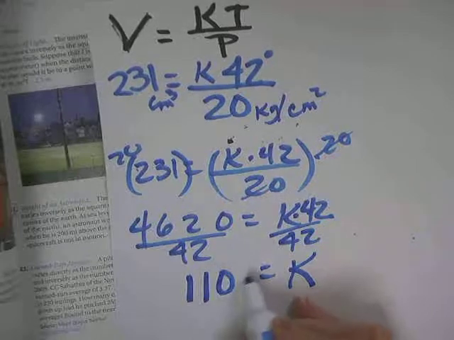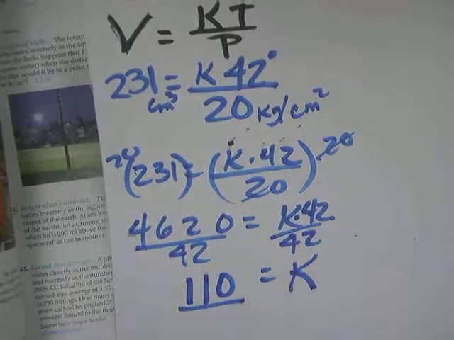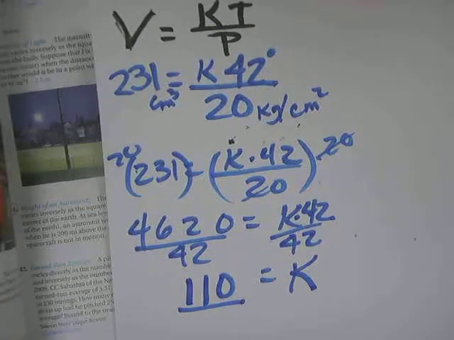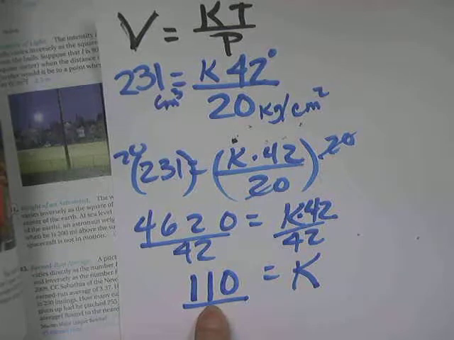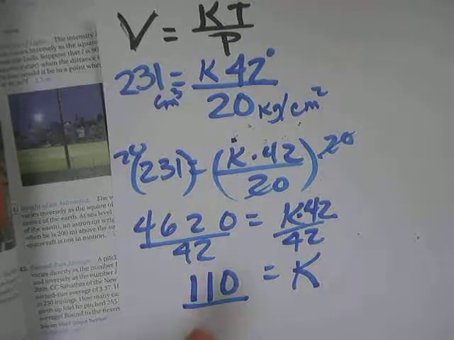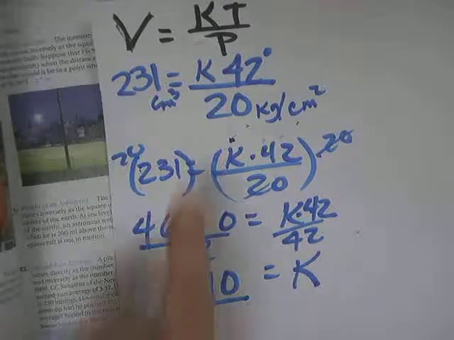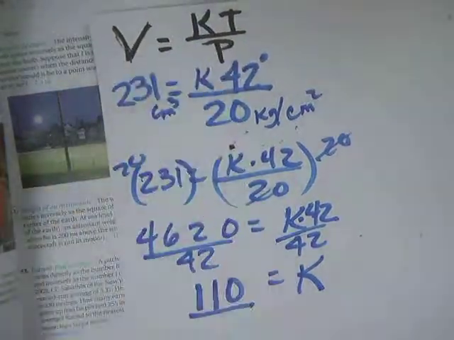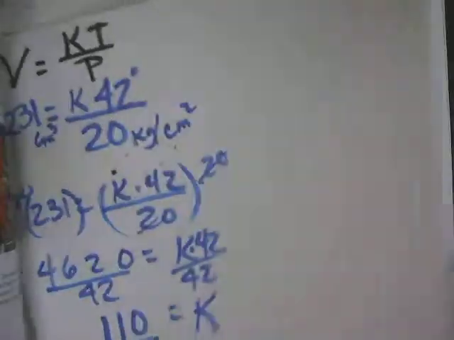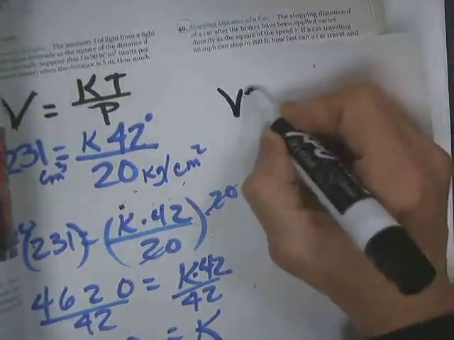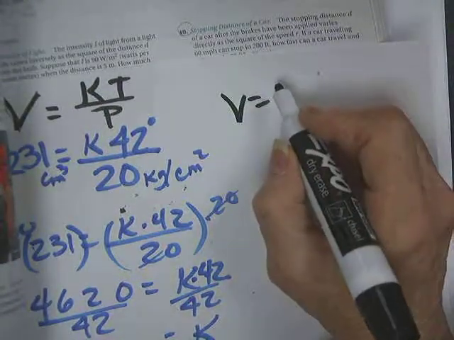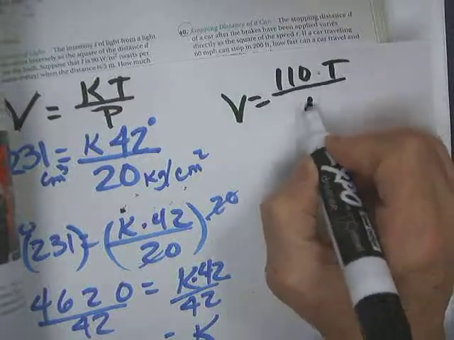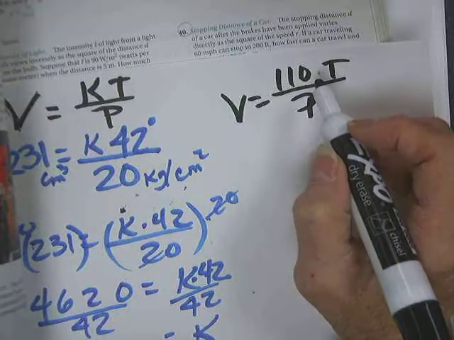First, if we've got 231 equals K times 42 over 20, the first thing we would do to solve that is multiply by 20, right? Okay, divide that by 42. And what do you get? 110?